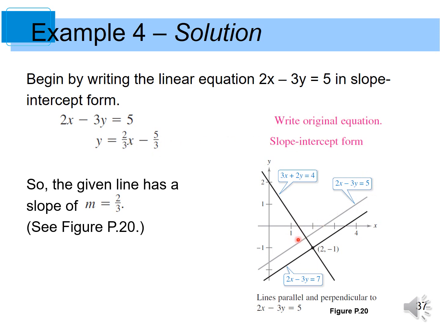So you need to get the other line that passes through this point (2, negative 1) and must be parallel to this given line. This is the A part. And for the B part, you need to get the line that passes through this point (2, negative 1) and is perpendicular to this given line.